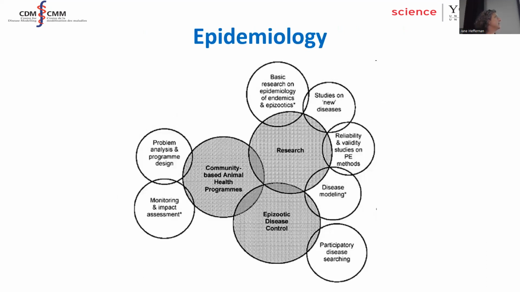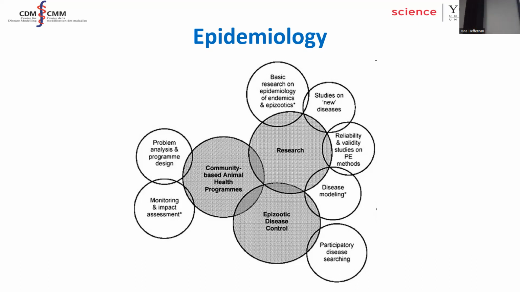So I can't remember what textbook this is from. I should actually put the citation here. I was looking at a textbook on epidemiology, and I was surprised to see they actually had disease modeling in their Venn diagram. I don't know how many Venn diagrams people use, but I see my kids, I think every week, have to write a Venn diagram about something in their classes.